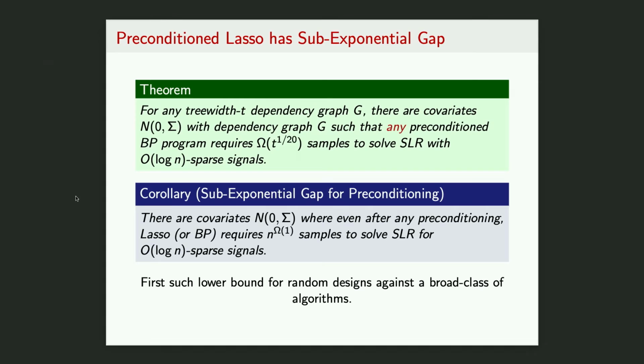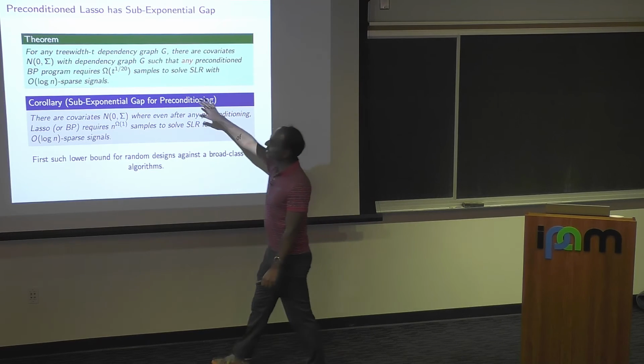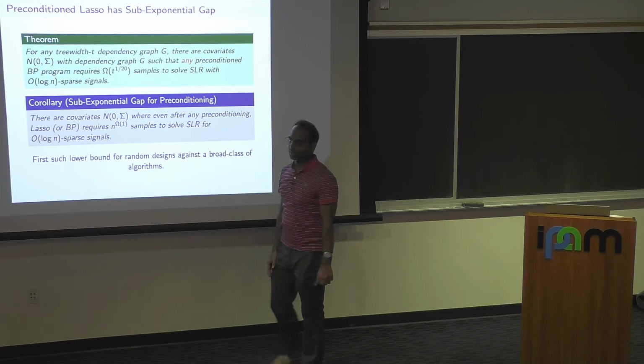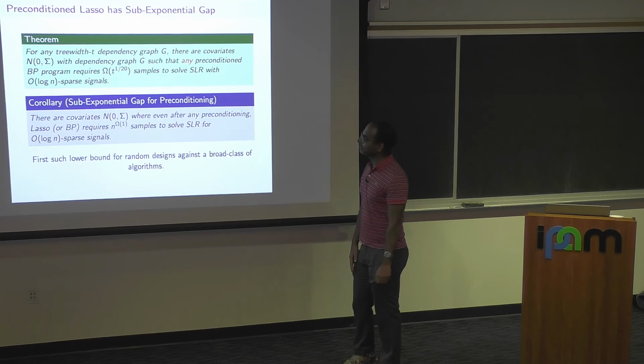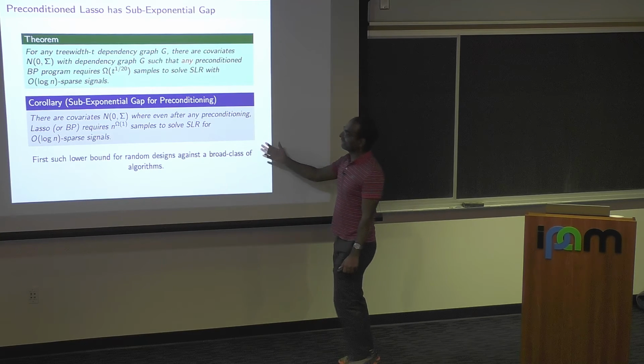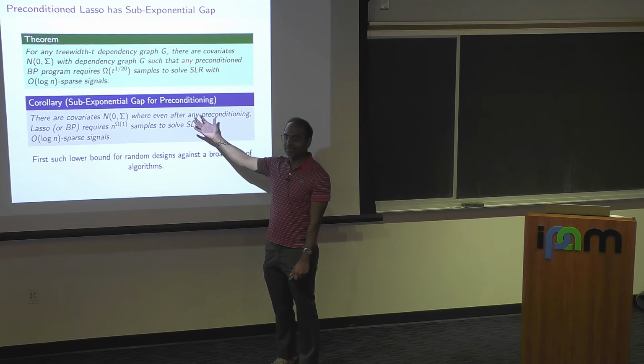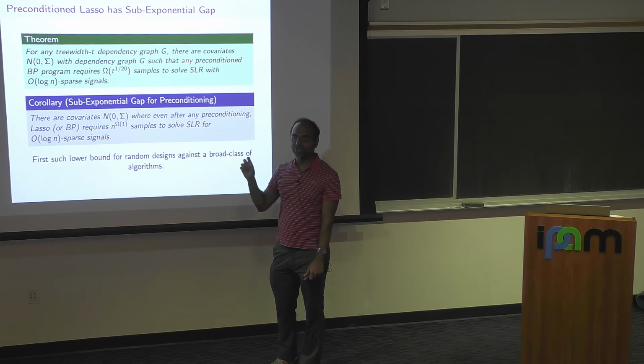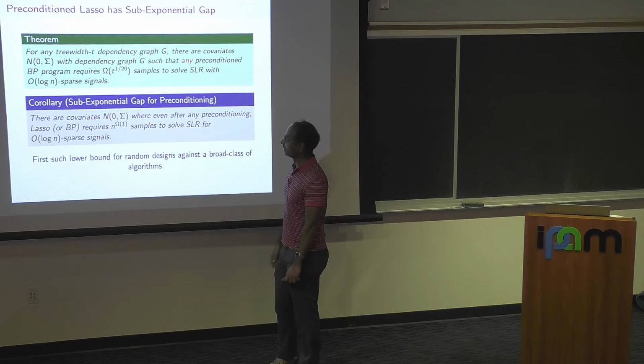Even polynomial would be good, but I believe this should be omega t; it's just how we are doing the analysis. In particular, there are covariances sigma where preconditioning is not going to get you beyond n to the omega 1 samples. If you want k log n or poly k times log n, preconditioning is not going to work. So it rules out all of those methods.